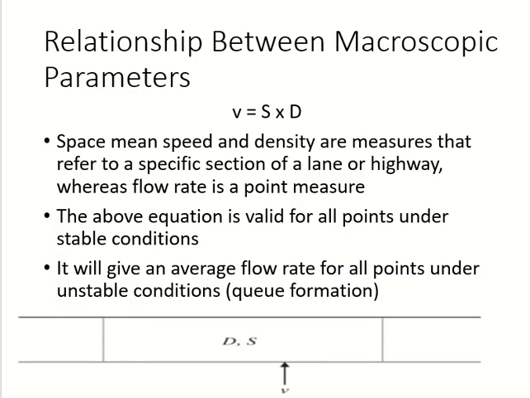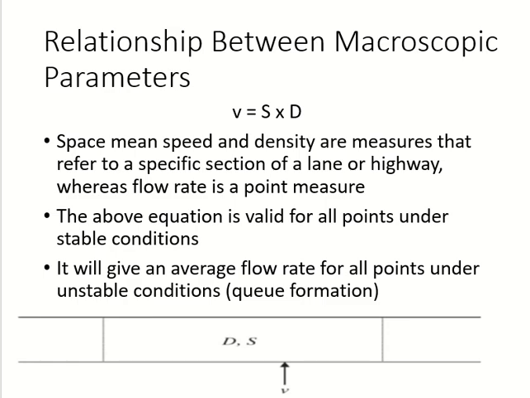And we discussed that to apply this equation, the section must be uniform. If the section properties change, then flow will not remain constant. If you have 2 lanes here and 3 lanes here, the flow will not remain constant, it will change. So this equation will break.